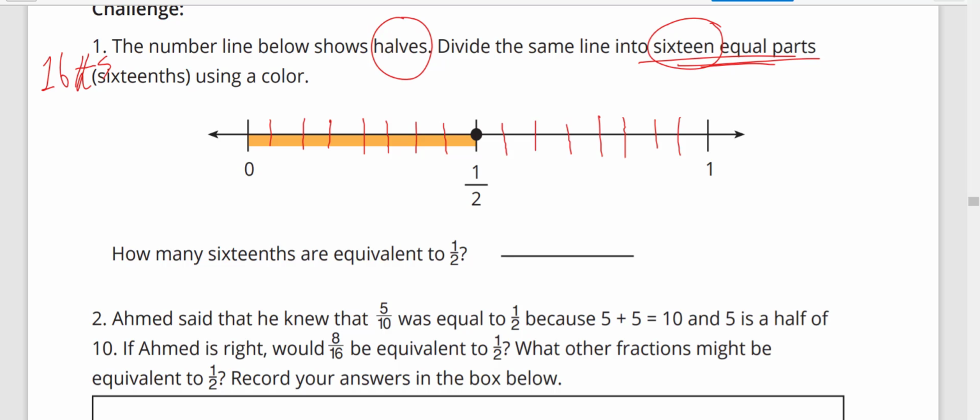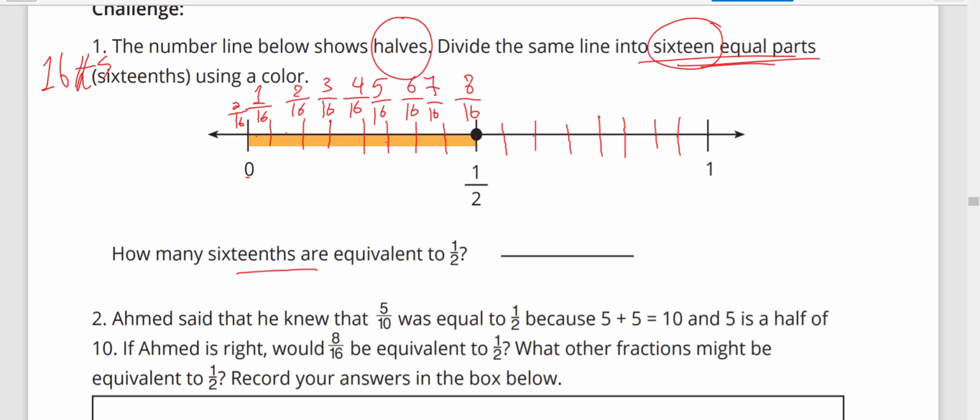Okay, now how many parts do we have? We have 16 parts. 1, 2, 3, 4, 5, 6, 7, 8, 9, 10, 11, 12, 13, 14, 15, 16. Each part is a sixteenth. Here 5 over 16, 6 over 16, 7 over 16, 8 over 16.